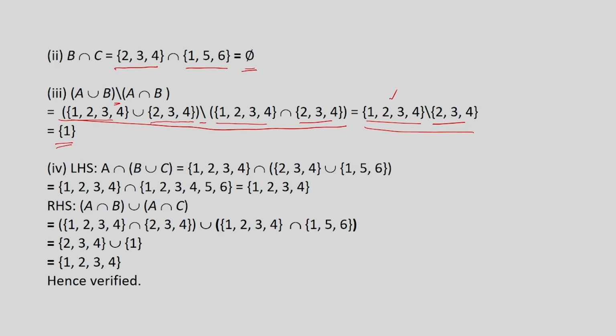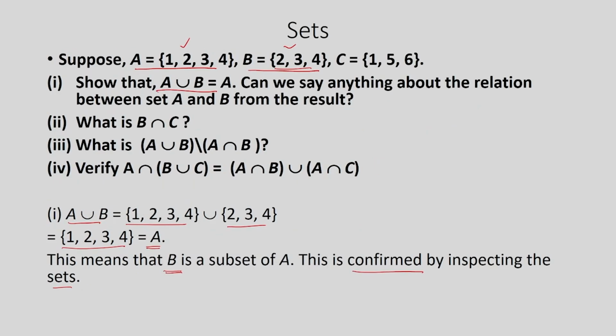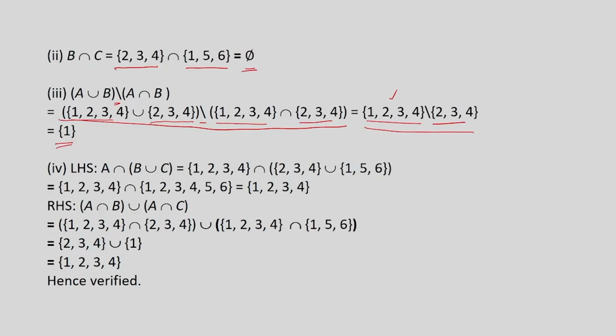And last problem, the fourth problem was verify A intersection within the brackets B union C is equal to within the brackets A intersection B union A intersection C. So we start with the LHS, that is the left hand side.